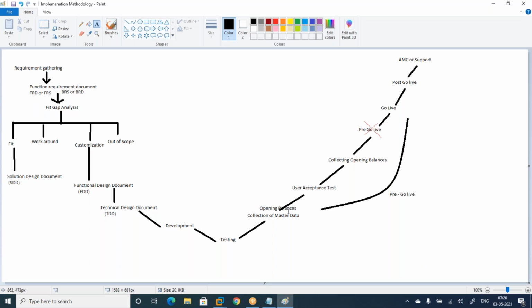Suppose I have posted some transactions and I want to verify the customer balance with the opening balances verification, then it will be useful. So practically, in the Gulf region and APAC region, clients take some time to provide me the opening balances.